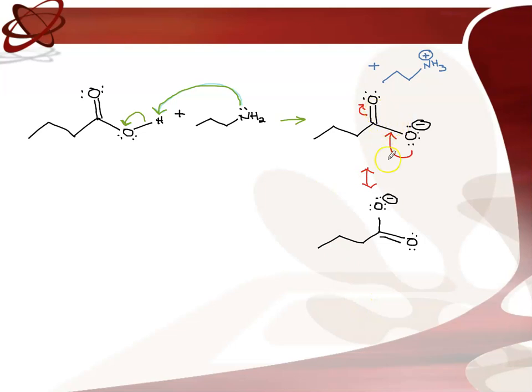Now, if we wanted to think about the resonance hybrid for these 2 structures, remember, neither one of these is really the correct structure. It's only the combination of these 2 structures that really does a good job of representing the distribution of the negative charge in this compound.